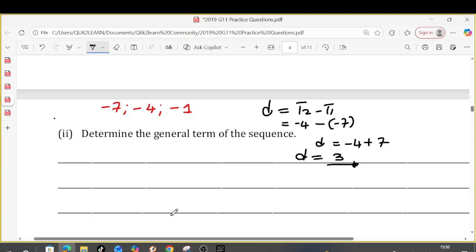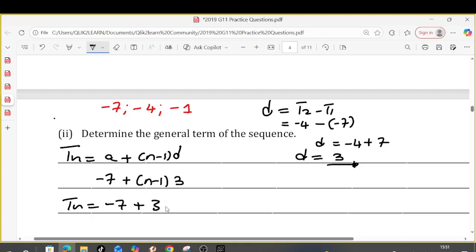Now they want the general term. So Tn is equal to a plus n minus 1 times d. That is the general term. What is the value of a? Minus 7 plus n minus 1 times d, which is 3. So what will Tn be equal to if we multiply out the bracket?